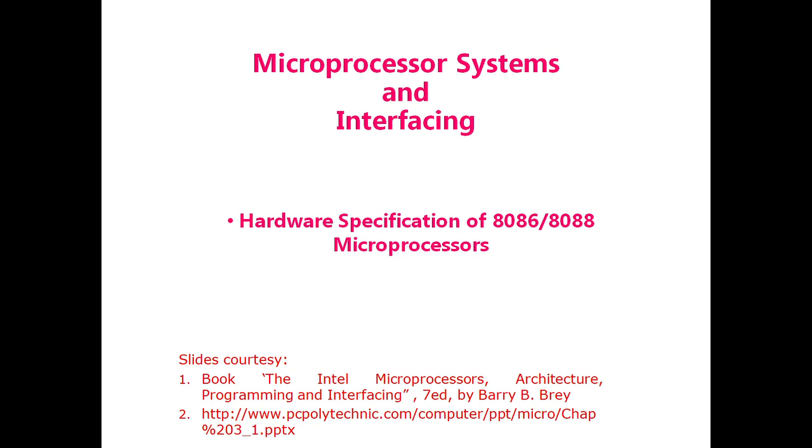The slides used in this lecture have been edited from multiple sources, including the two sources given on the screen. The topic that I'm going to discuss in this lecture is the hardware specification or external pin configuration of the 8086 and 8088 microprocessors.